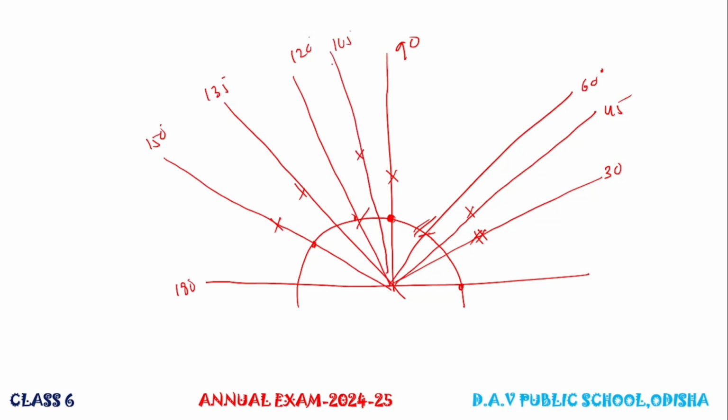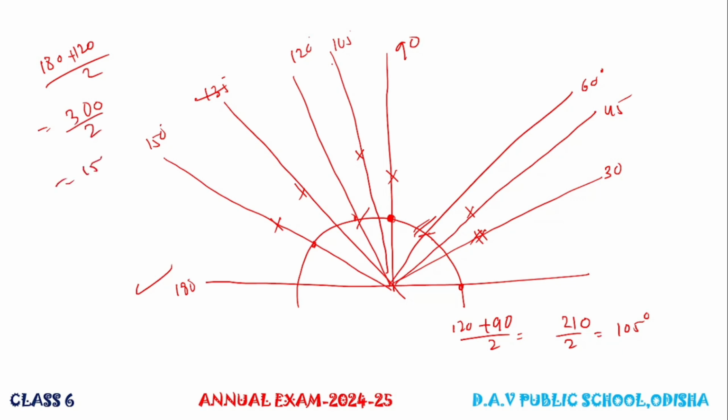We take the average: 120 plus 90 divided by 2, that is 210 divided by 2, which is 105. Similarly 180 plus 120 divided by 2 is 300 by 2, that is 150. Yes or no?